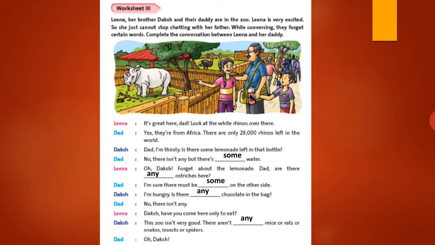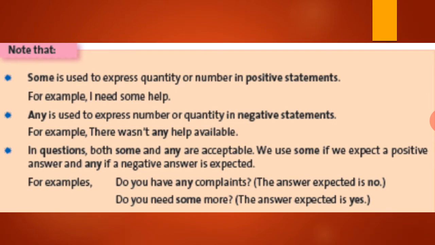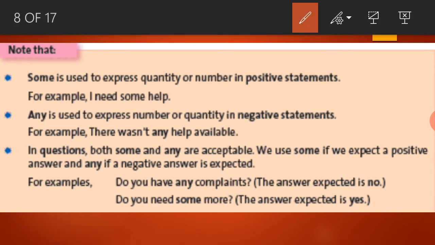Now let's see where exactly we have to use some and any. In the next slide we'll come to know about this. Some is used to express quantity or number in positive statements. You can just underline this one. It is used in positive statements, and moreover it is used to show quantity as well as numbers.